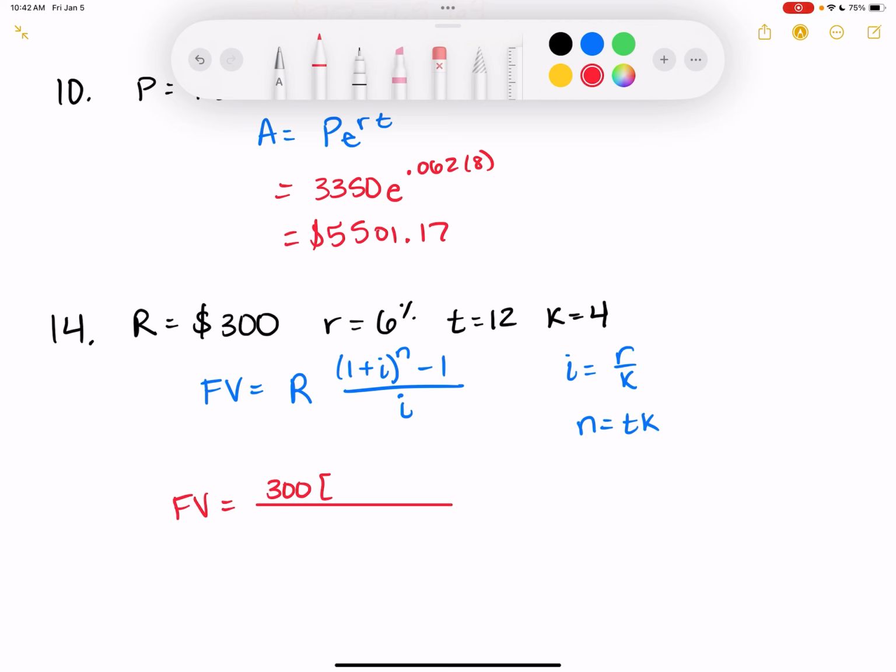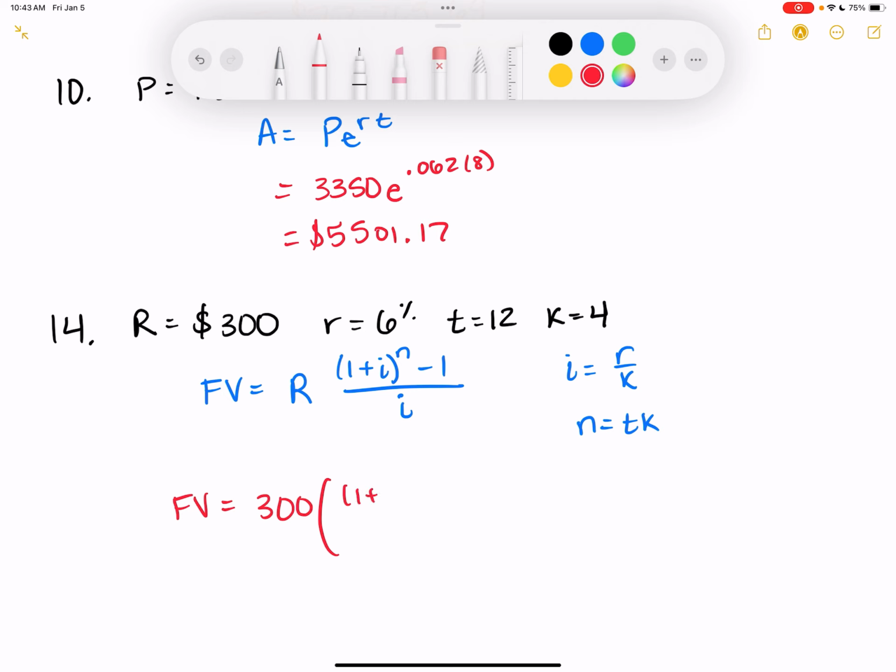It's not just 300 times the first thing, so maybe put the stuff on top in parentheses. However you need to do it to get the right answer. Is it okay to throw it out front? You can. That's the way the formula is written. I'm just saying make sure you do all of this stuff that's here first. That might be the better way to do it: put 300 out there and then put the rest of it in parentheses?